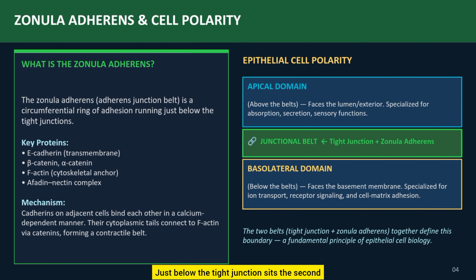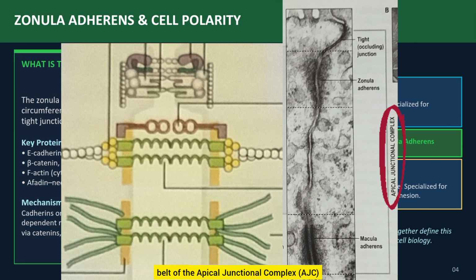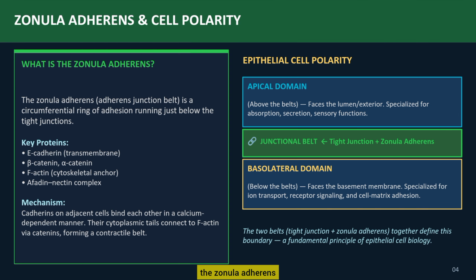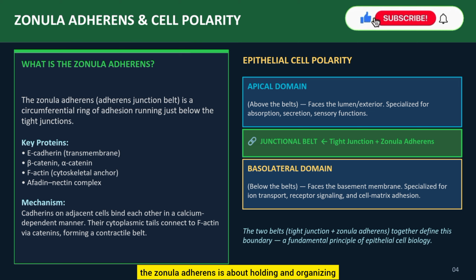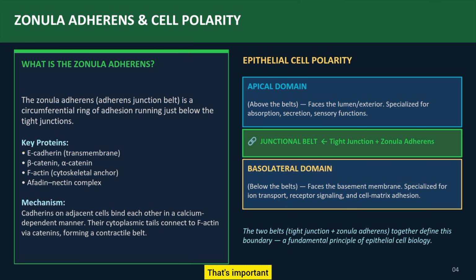Just below the tight junction sits the second belt of the apical junctional complex, the Zonula adherens, or Adherens junction belt. If the tight junction is about sealing, the Zonula adherens is about holding and organizing. The key transmembrane protein here is Cadherin, and this is a calcium-dependent protein. That's important.